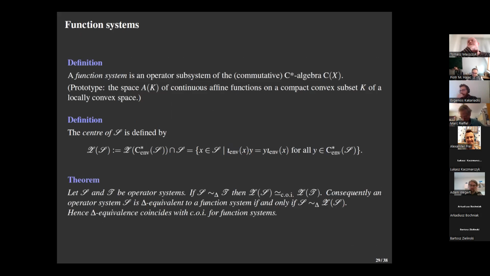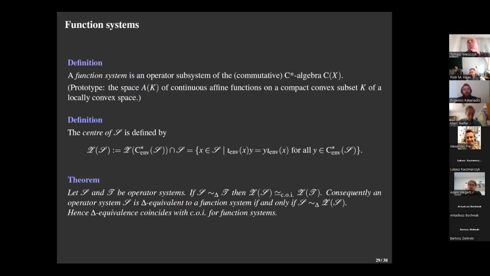I can give you more classes where, for this class of operator systems, Morita equivalence is complete order embedding, if I understood the question right.